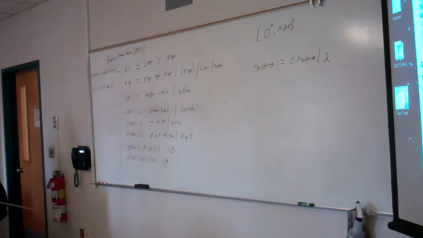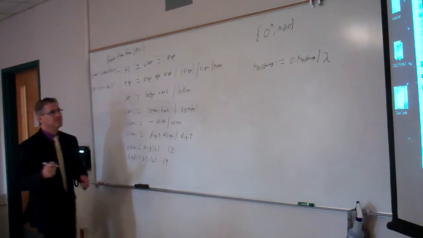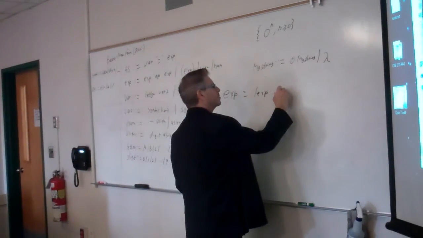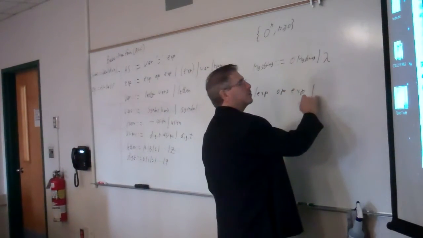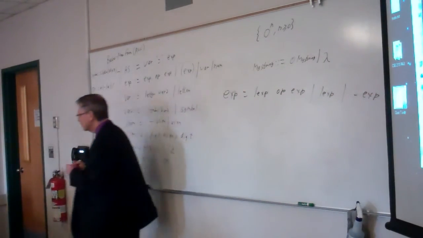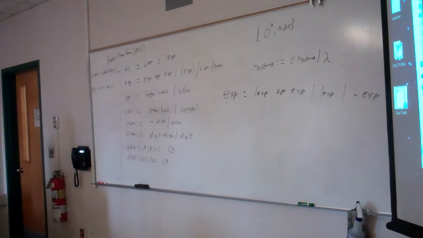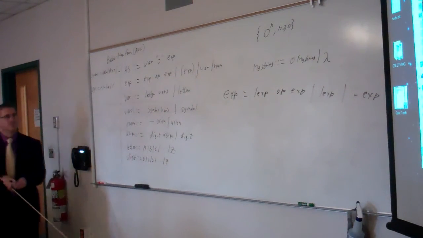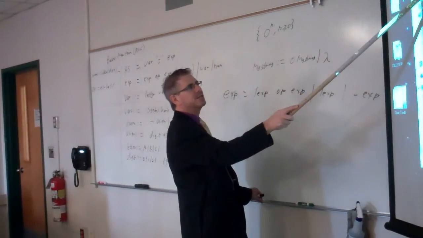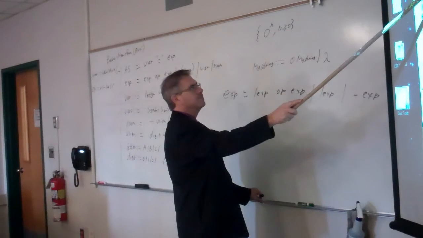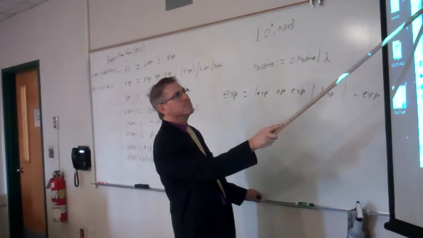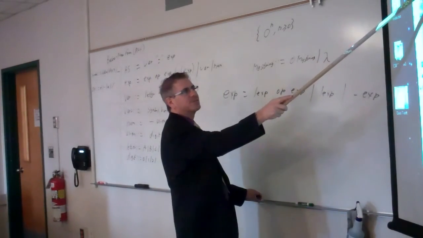My BNF says an expression is a left expression followed by an operator, followed by an expression, or it's a left expression, or it's a minus followed by an expression. So I can find an expression followed by an end of string. Okay, so I'm trying to parse an expression followed by end of string.